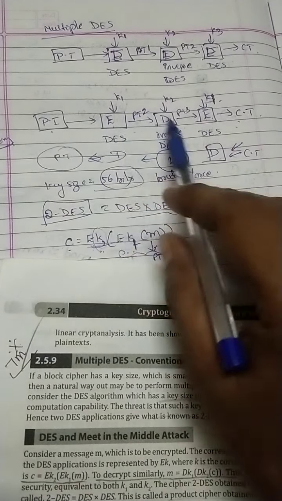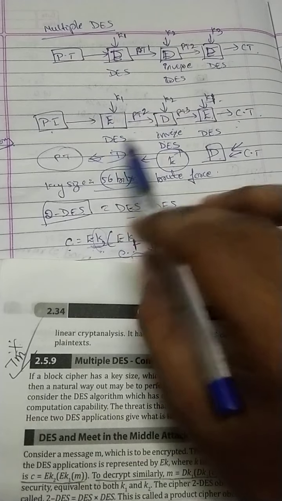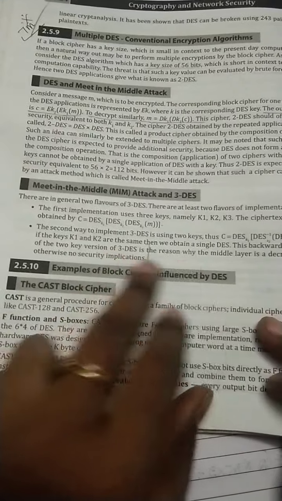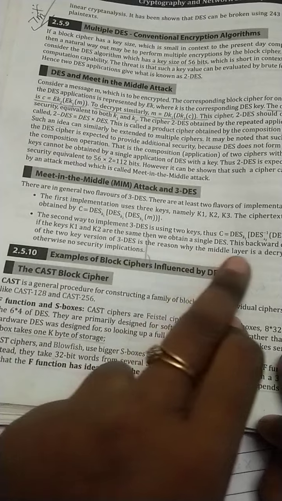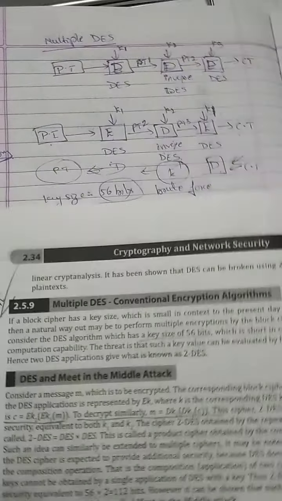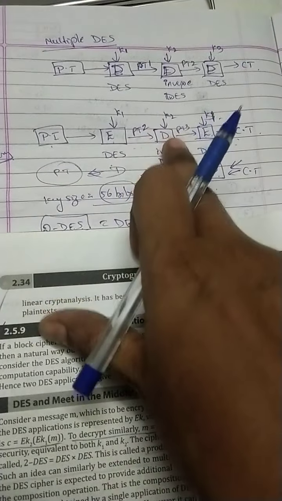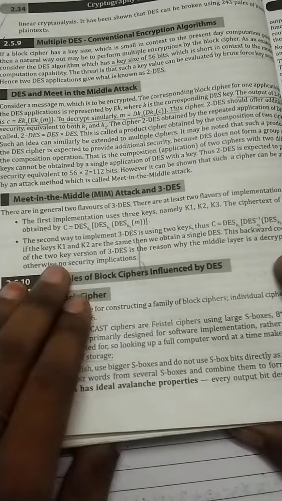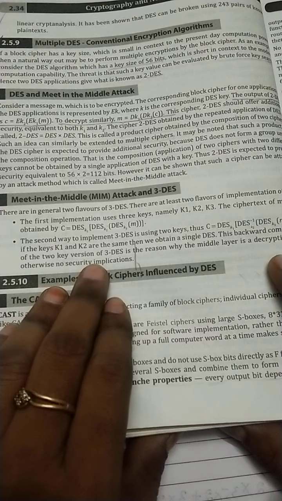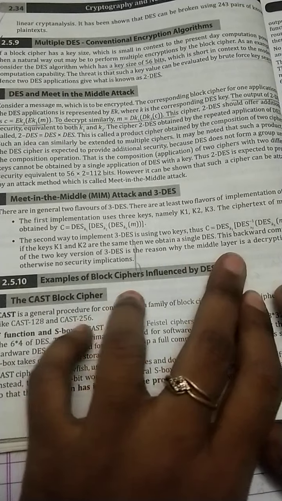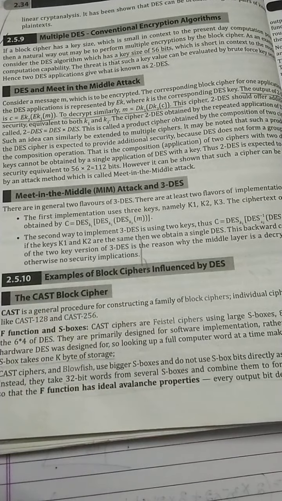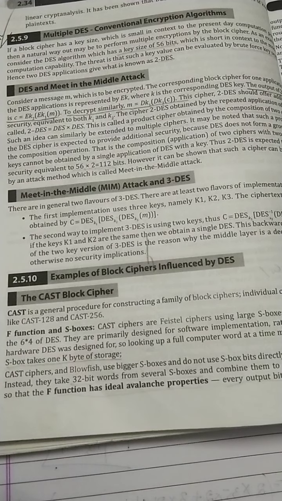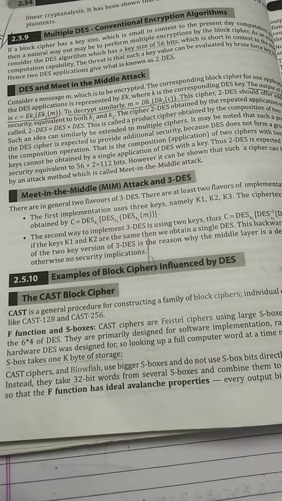So we have to use different keys for encryption as well as decryption. Next, the backward compatibility of the two-key version of 3DES is the reason why the middle layer is decrypted. Otherwise it has no security implication. So why do we use this method? To improve the security of the algorithm.